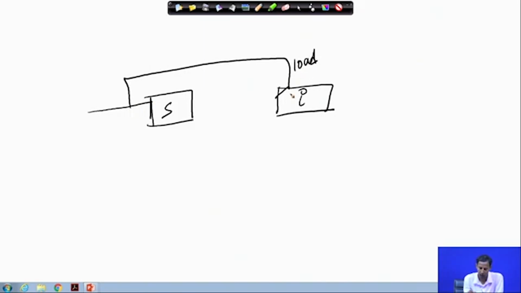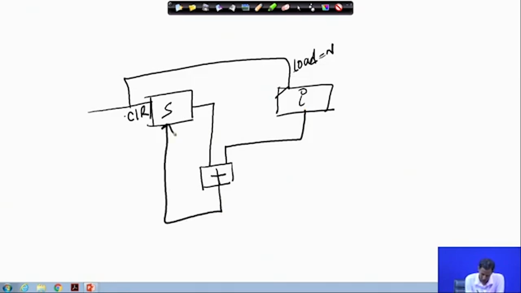This is the load value, which will load the value of n, and this is the clear signal. S is the storage, initially set to 0, and it comes to the adder circuit, and then again comes back to the storage.